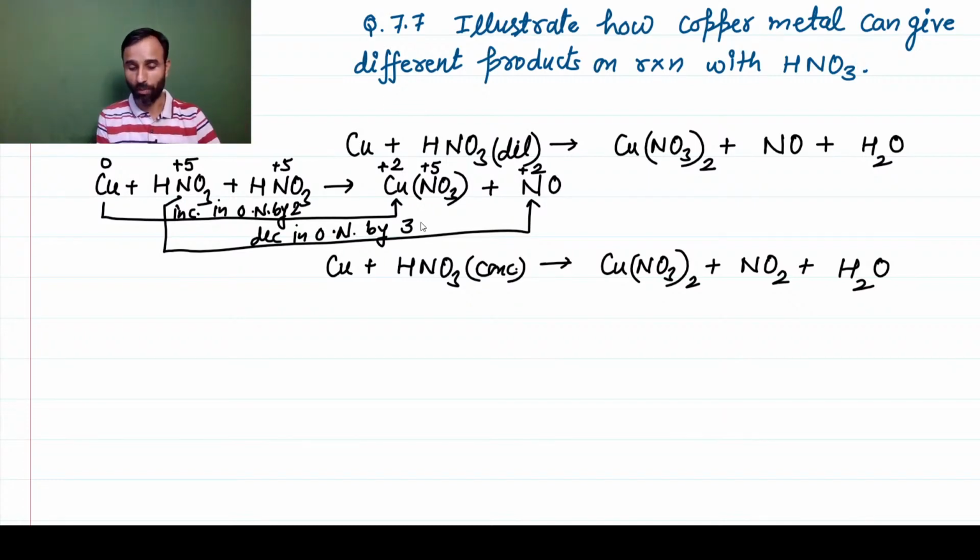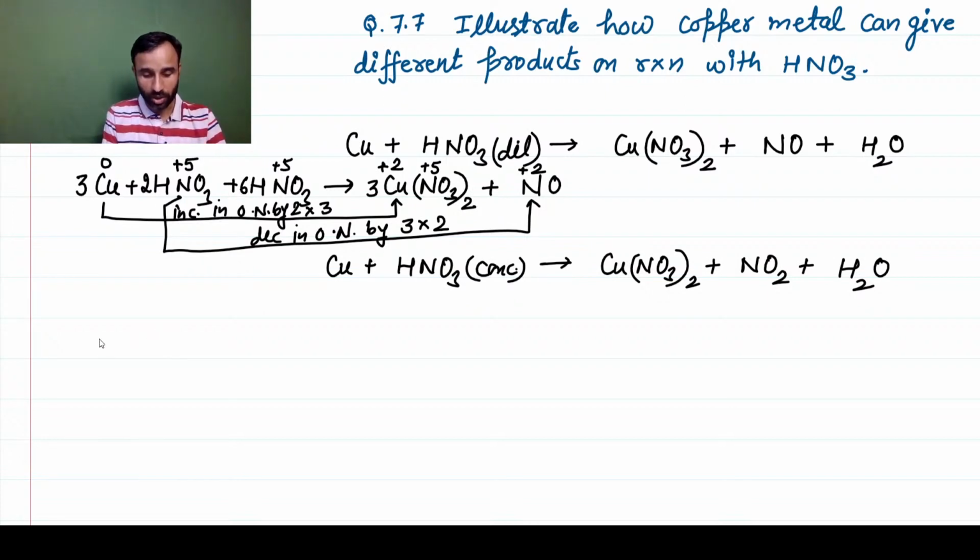So we multiply this by 2 and this one by 3. So 3 copper and 2 HNO3. When 3 copper are there, copper nitrate is 3. So this is nitrate, so 3 to the 6, 6 HNO3.